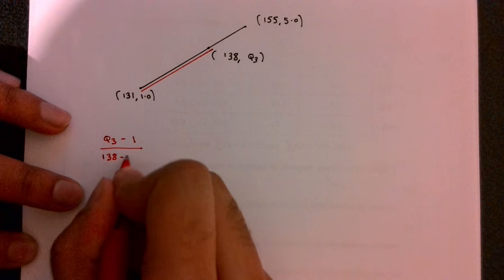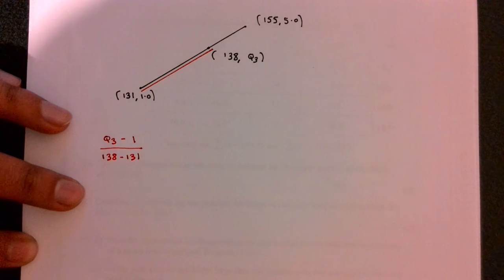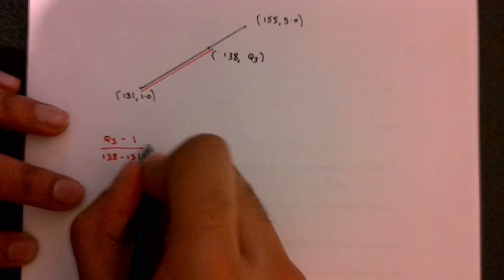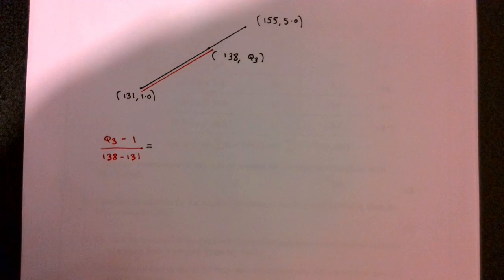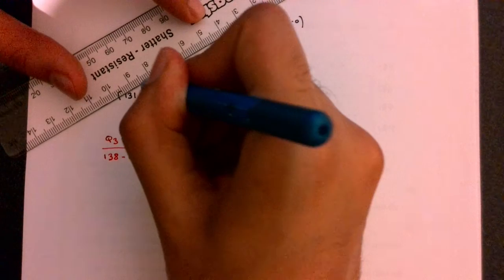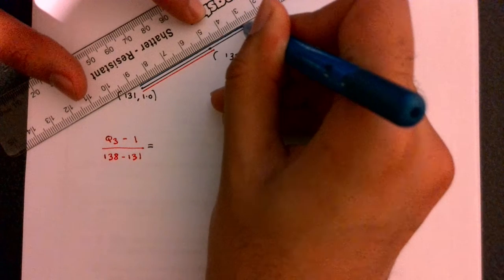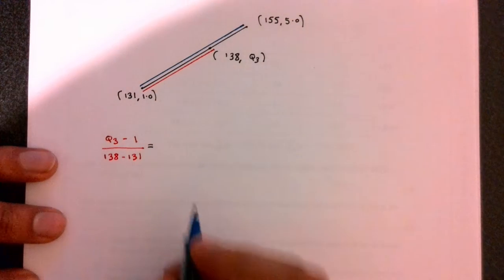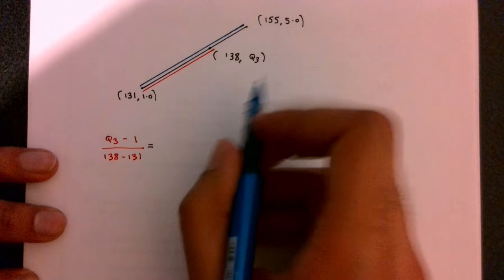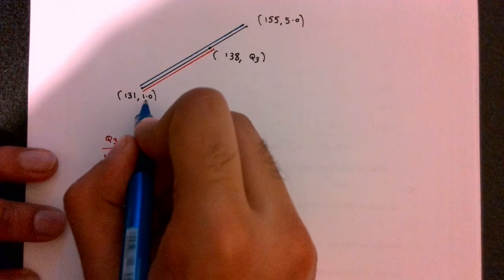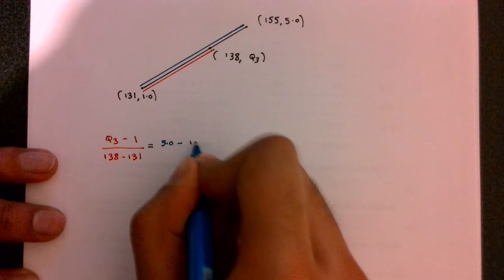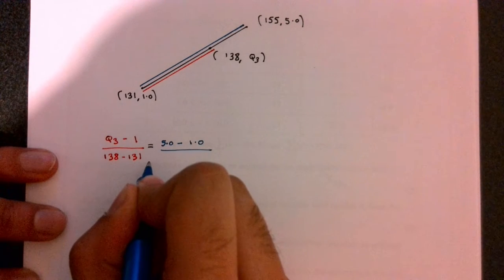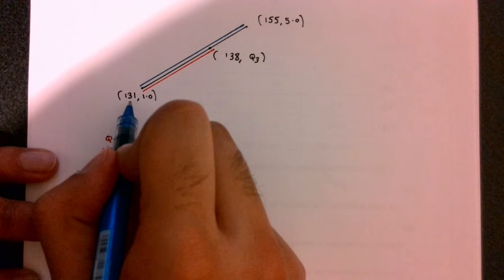Okay, and we know over here this will equal the gradient of the larger section being this one over here. And the gradient of that would be 5.0 take away 1.0 over 155 take away 131.